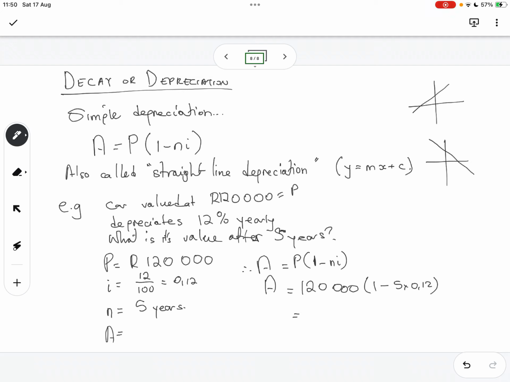If we're talking about depreciation, the value is going to be less than the original price. The price after 5 years will be less than the price at the beginning. So we get 48K. 48,000 is less than 120,000.